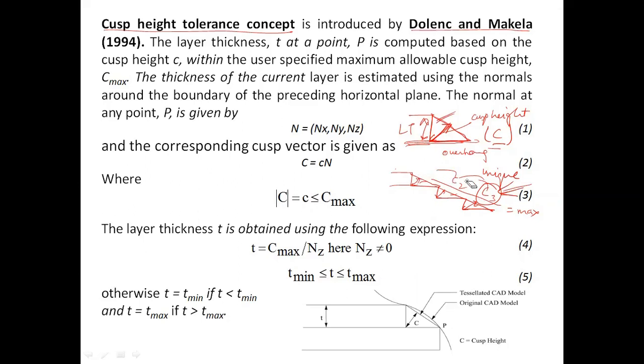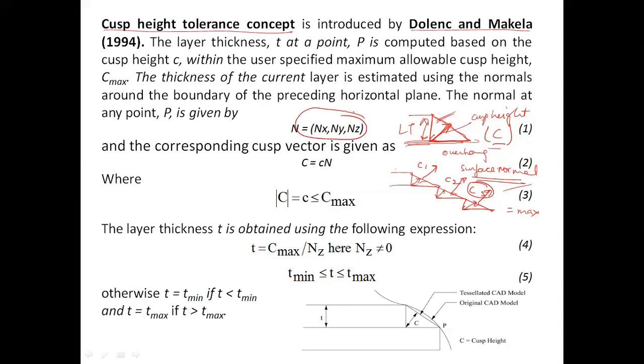Another thing that you already know is that each facet will have a unique surface normal. There will be a unique surface normal for C1, a surface normal for C2 and C3. For every triangle, there will be a surface normal. So corresponding to the maximum cusp height, what is the value of the surface normal? That is assumed as this.